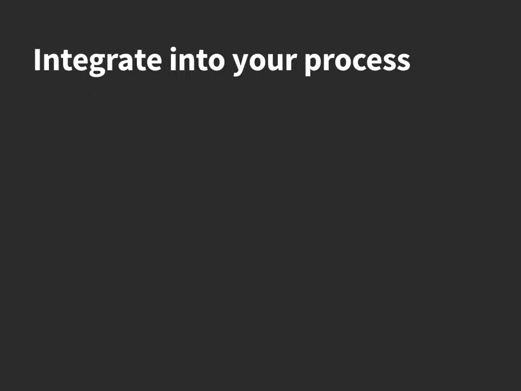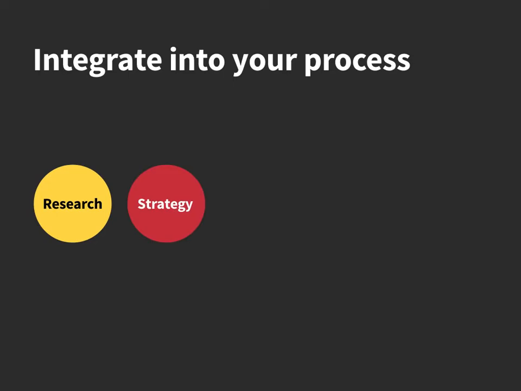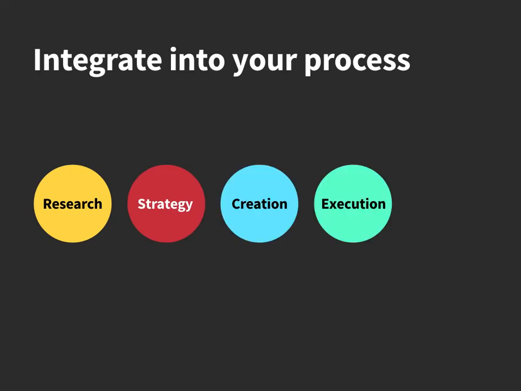So when should we integrate accessibility into our design process, you might ask? Should it be in research, strategy, creation, execution, or evaluation? Well, the answer is yes, all of the above.